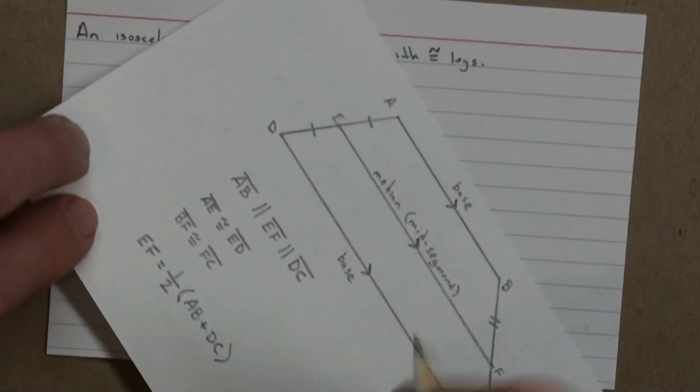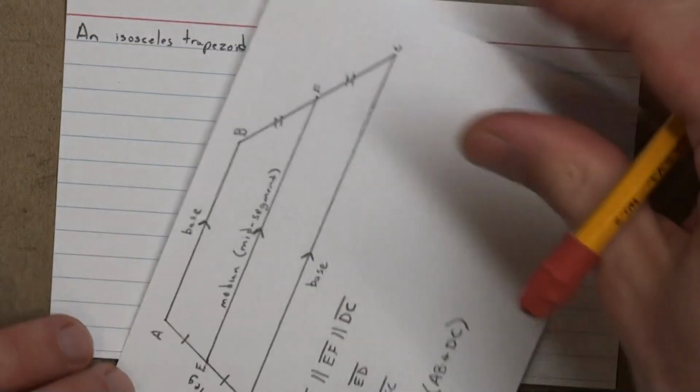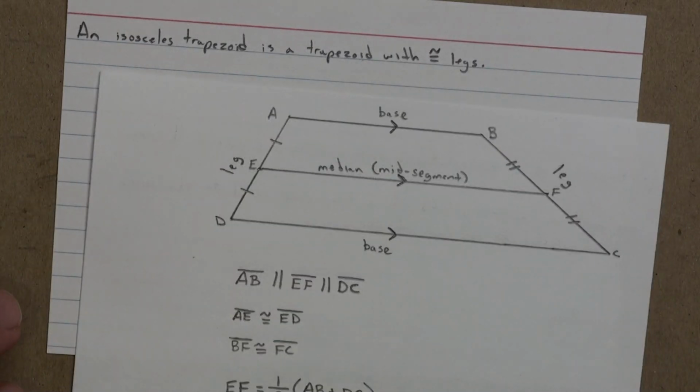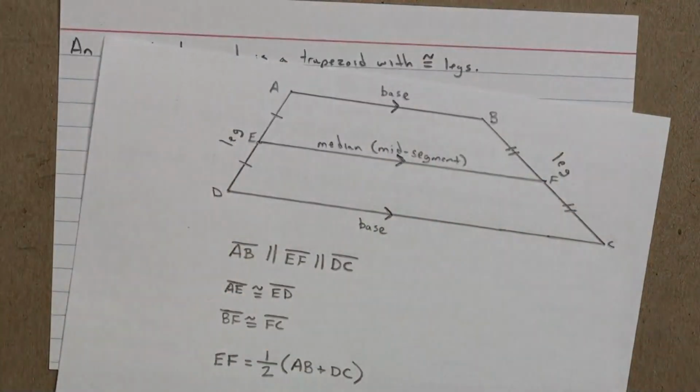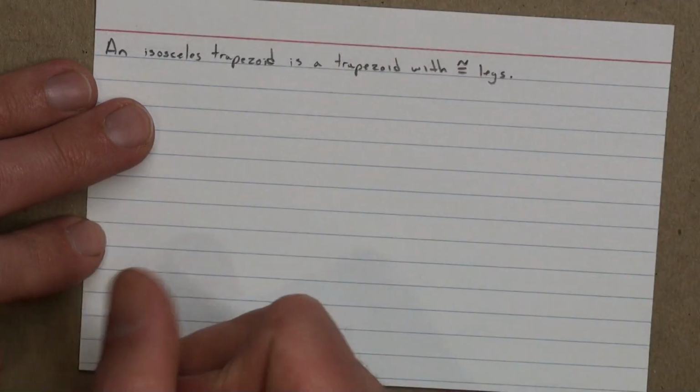Let's just go back to 95 for a second and let's label the legs here. So the ones that are angled are the legs and the ones that are parallel are the bases. So this is also card 96.